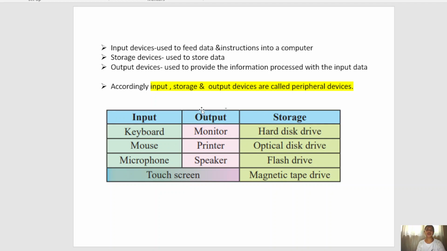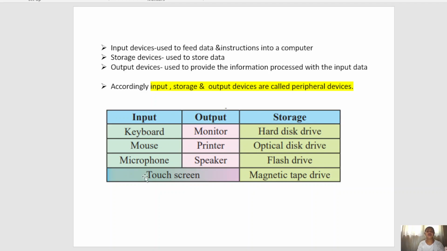When we talk about output devices, we can include monitor, printer, and speaker in the output devices group, because they help to provide information and process the input data. Then what about the touch screen?